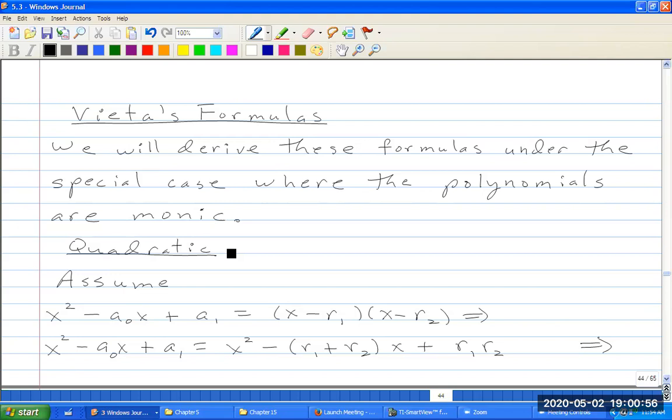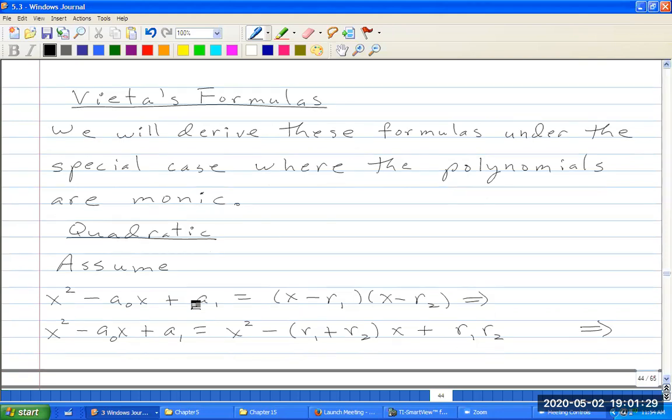Assume that x squared minus a sub 1 x minus a sub 0 is the polynomial, and suppose I can factor it as x minus r1 times x minus r2. So suppose somehow I can factor it. Let's try to figure out some conditions on these roots r1 and r2 involving these a0s and a1s.